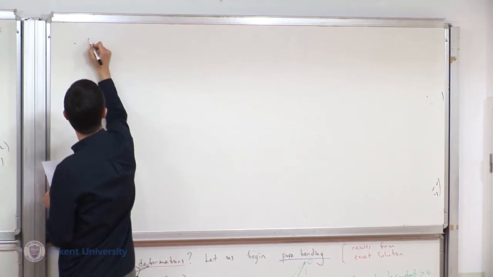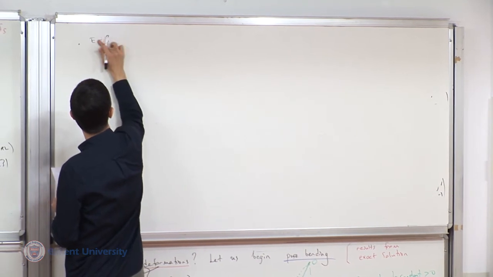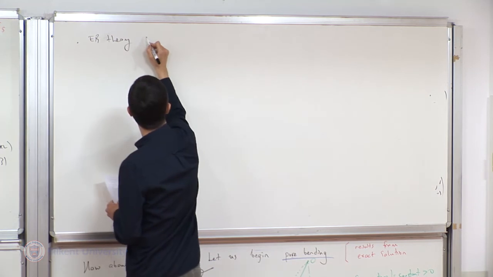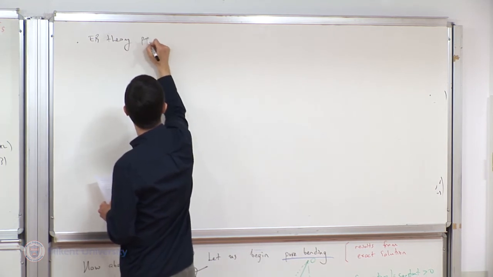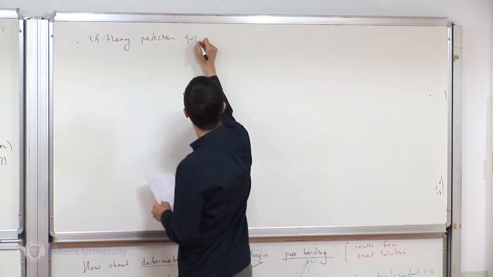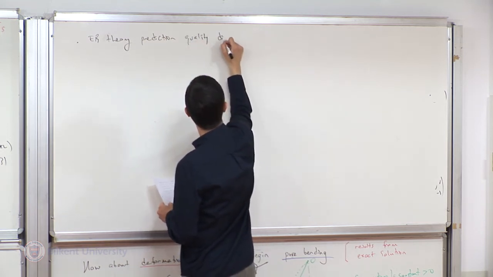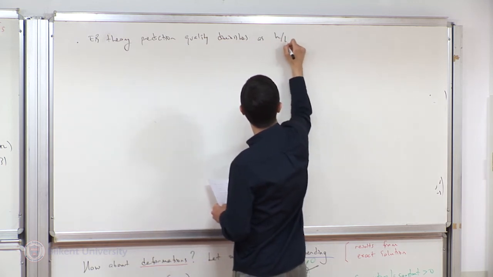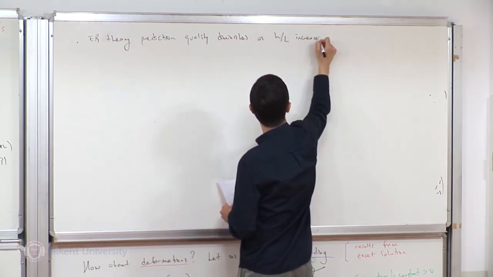So let's say EB theory's prediction quality diminishes as H over L increases.